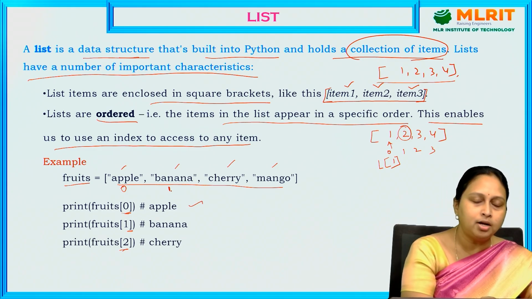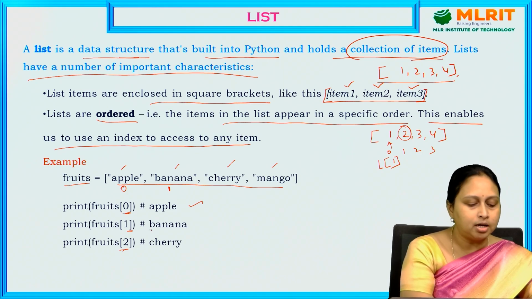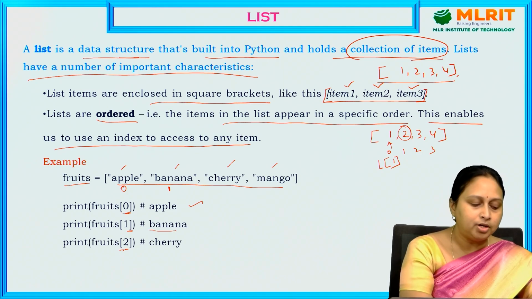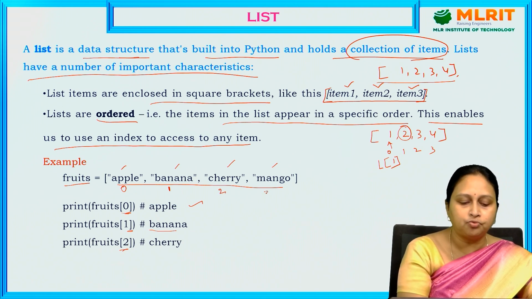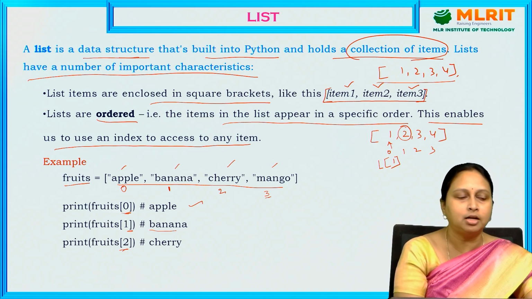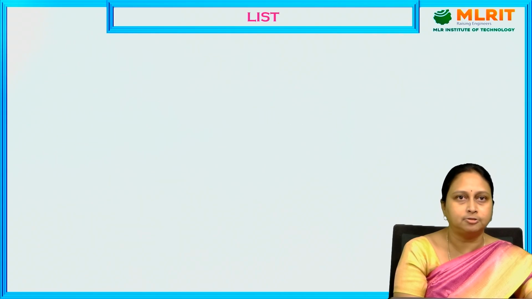If it is 1, that is banana. If it is 2, then I can access cherry. And if it is 3, then I can access mango. Based on the indexes, you can access that particular item in the list. This is one of the characteristics.